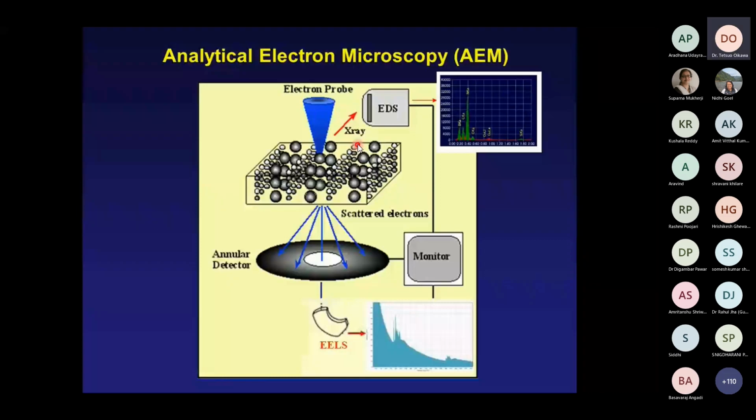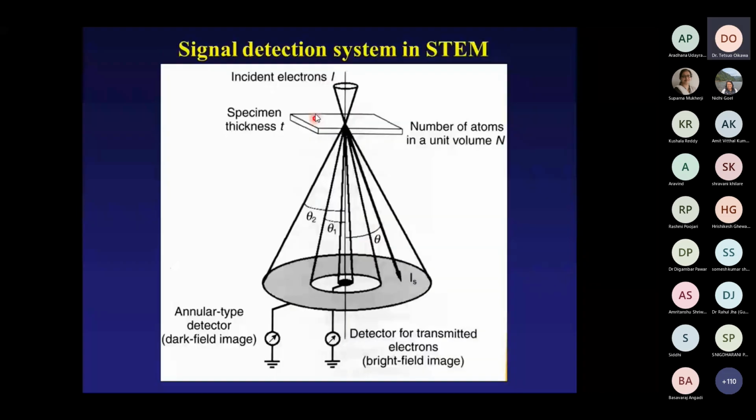Then the transmitted electron goes to bright field imaging by the bright field detector, and the scattered electron can be detected by the annular type dark field imaging. At scattering angles higher than 50 milliradian, we call it high angle annular dark field imaging.